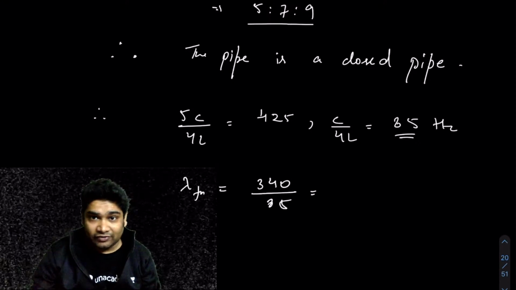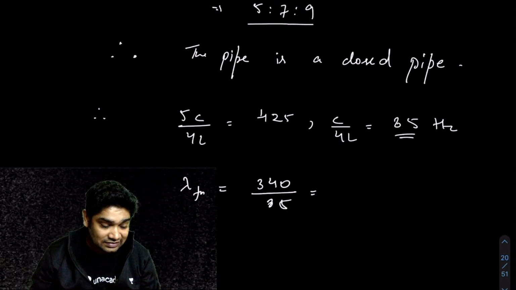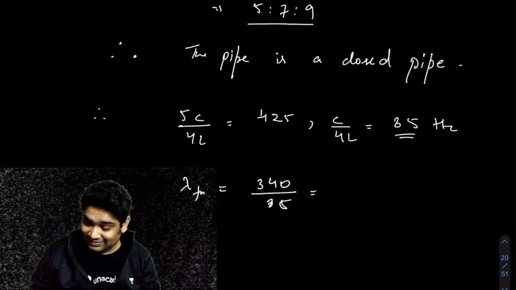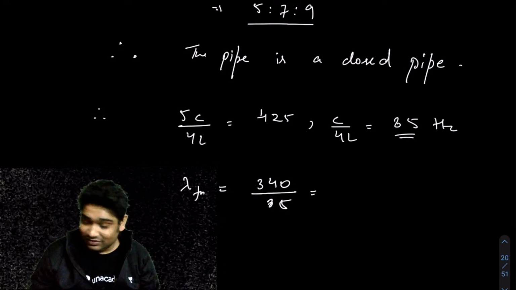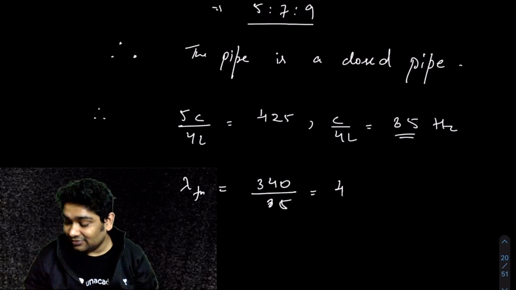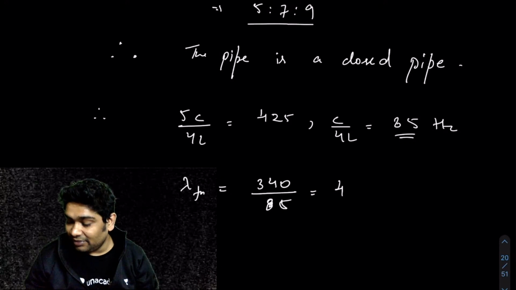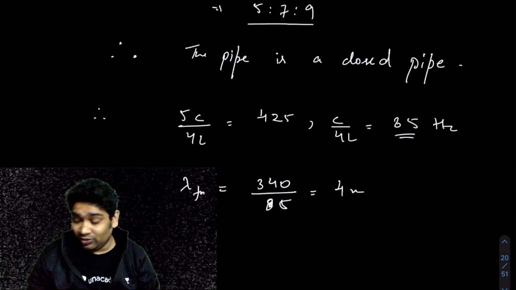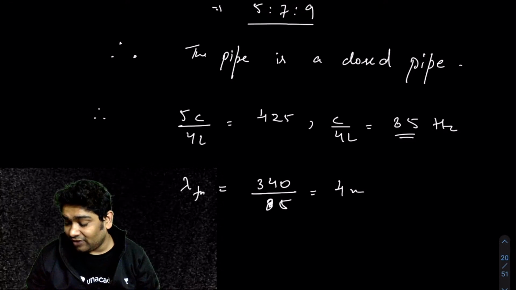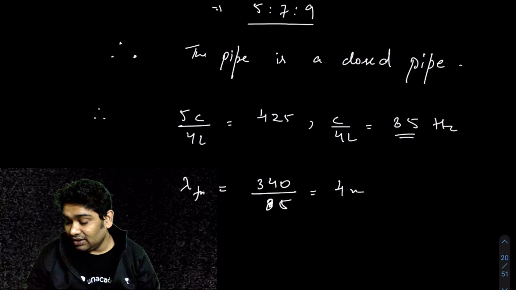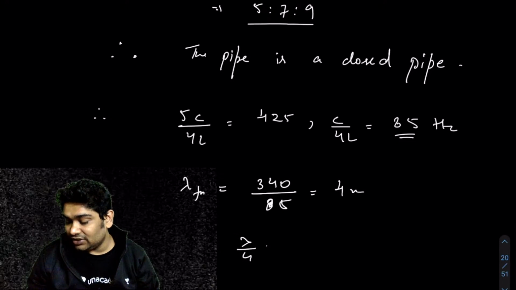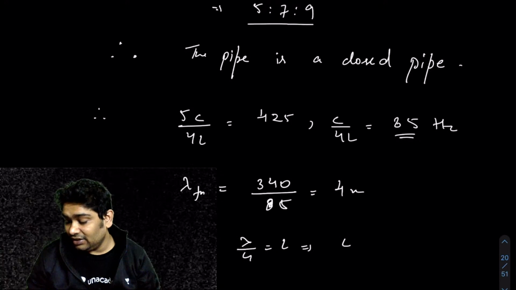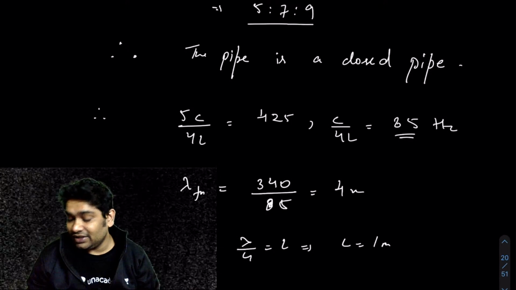So you guys were off slightly with your answers. Lambda is 4 meters. So you also know for fundamental frequency, lambda by 4 equals L. So L equals 1 meter. So these are your answers.